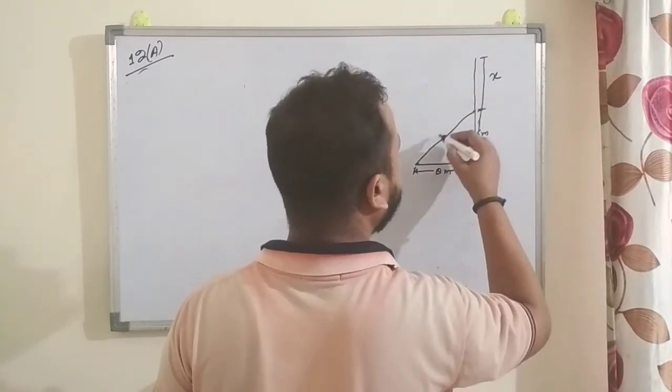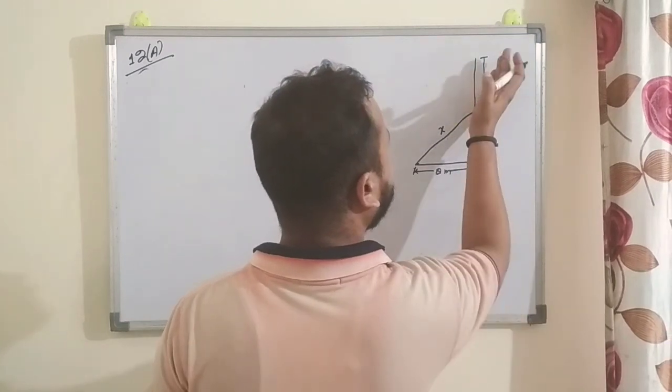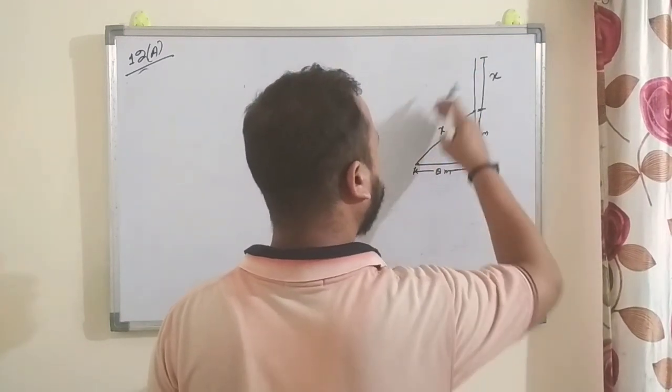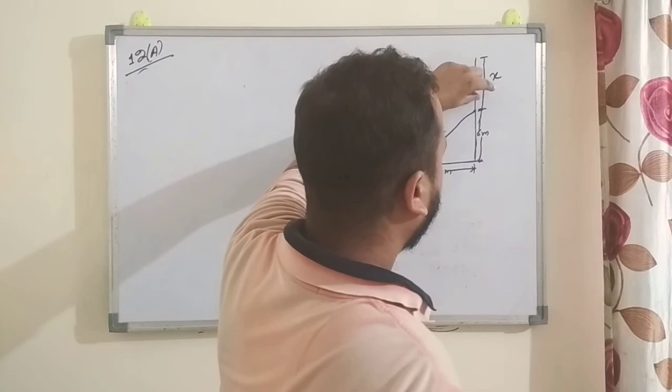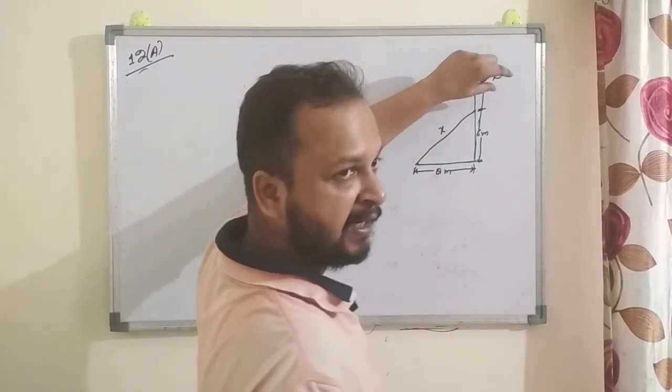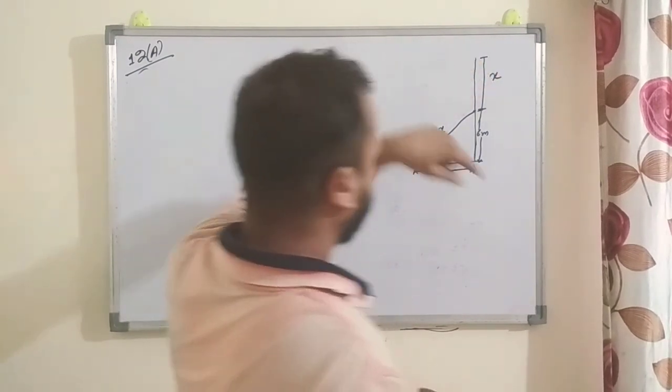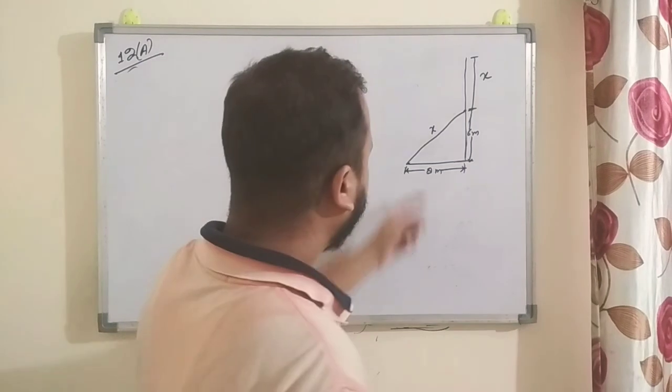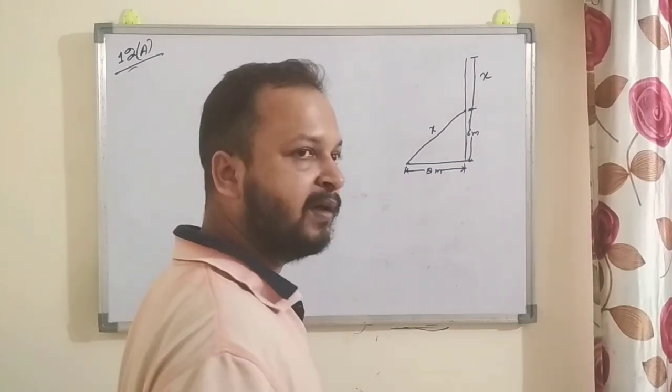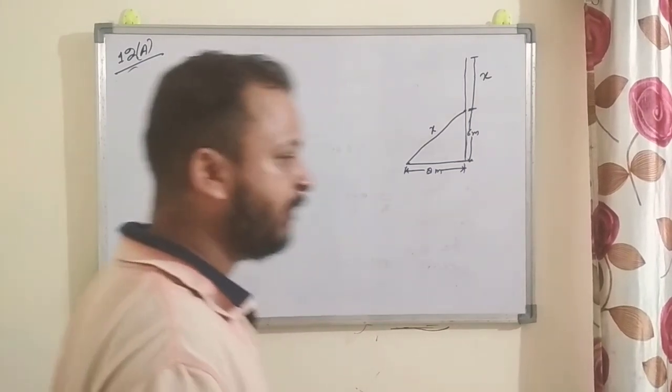Suppose this length is x. This is also x because this part just broke down here and it is not separated actually, it touches the ground 8 meters away. So now we are going to solve it.